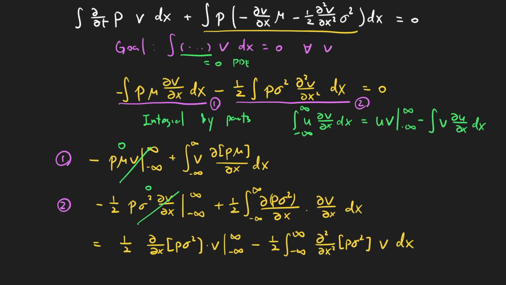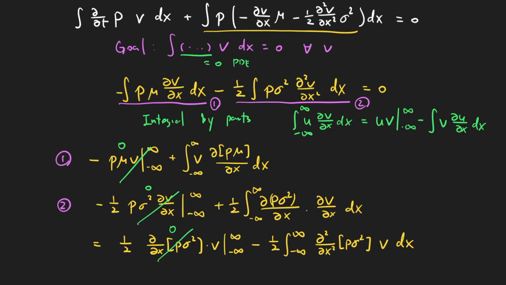And here, once again, the first order derivative of p also goes to 0 at the boundary. The probability density vanishes really fast at infinity, and when you multiply that with other things, that still decays very fast. So these terms will vanish.